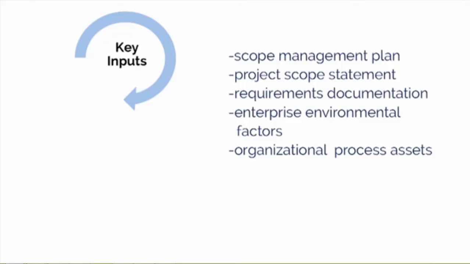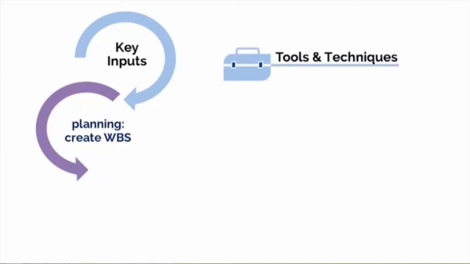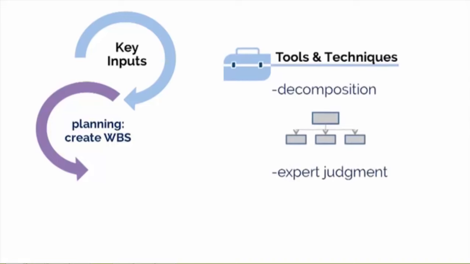From a project perspective, it makes sense that we would need these inputs in this process because we need to have a clear sense as to the scope of the project in order to begin developing the WBS, specifically needing the project scope statement and requirements documentation here. The key tools and techniques for the Create WBS process are decomposition and expert judgment.